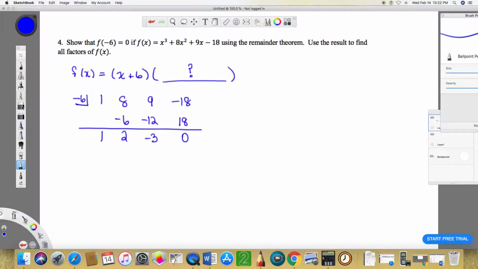Well, now what that helps us do is come back here and fill in this question mark, because what we now know is since this started out being x cubed, that this guy is now x squared plus 2x minus 3.